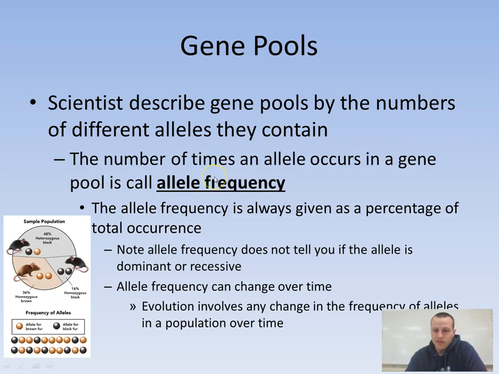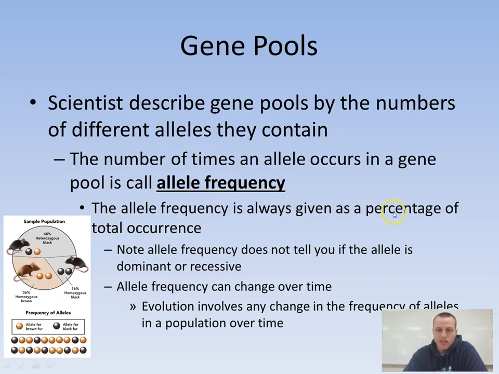Okay, so if we have, let's say, tall plants, and that occurs more often than short plants, we can say that we have a higher percentage of tall alleles, or tall has a higher allele frequency than short alleles. Short alleles would have a lower allele frequency.